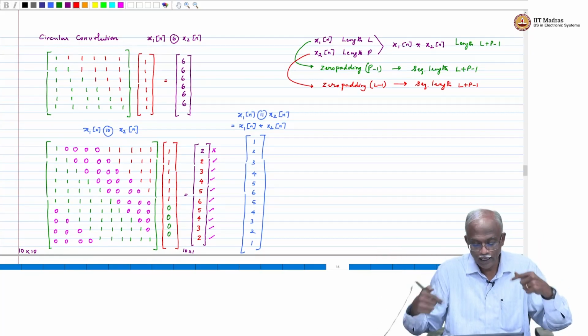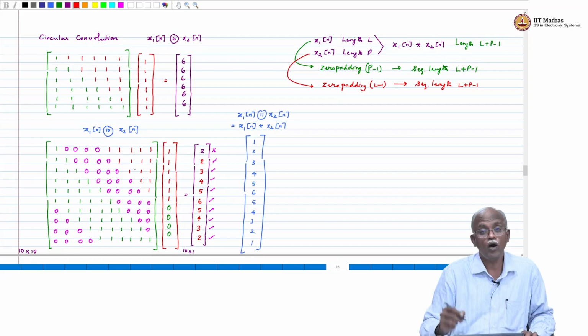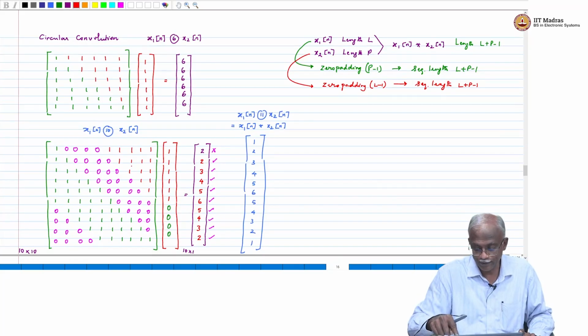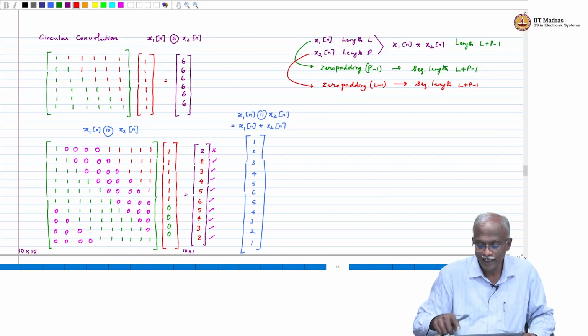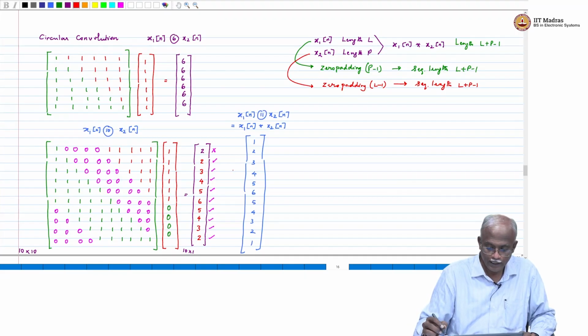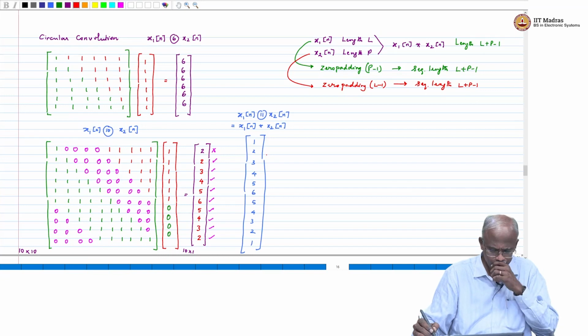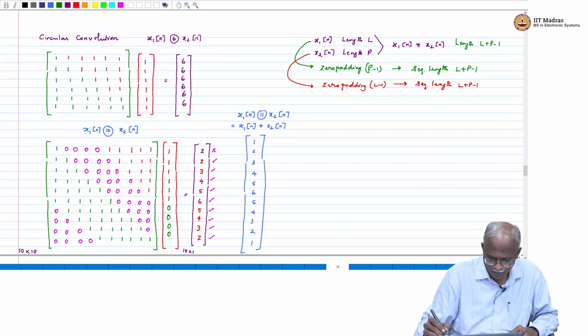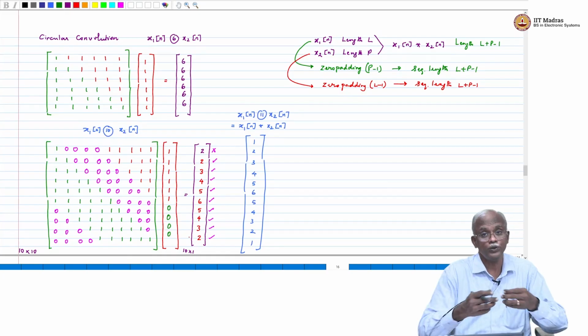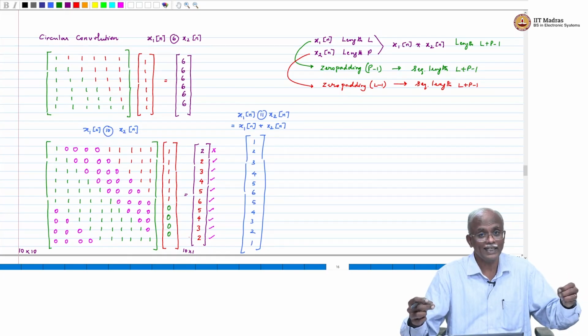Do a circular convolution of this 10-point sequence with the 10-point sequence x2 of n. What you find is the output given here. Compare it with the linear convolution. You find that many samples are equal to the linear convolution. However, the first one does not match and the last one is missing because you took one less length.